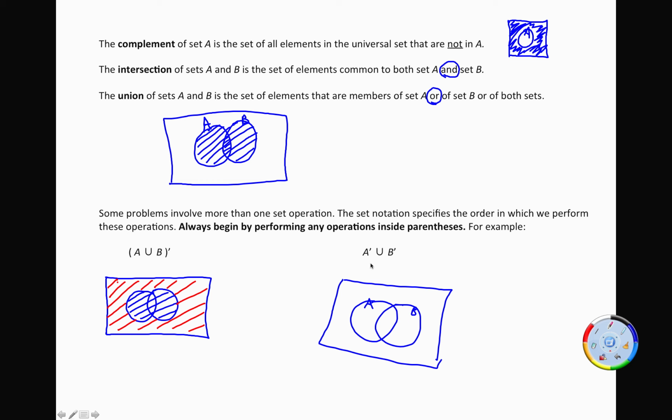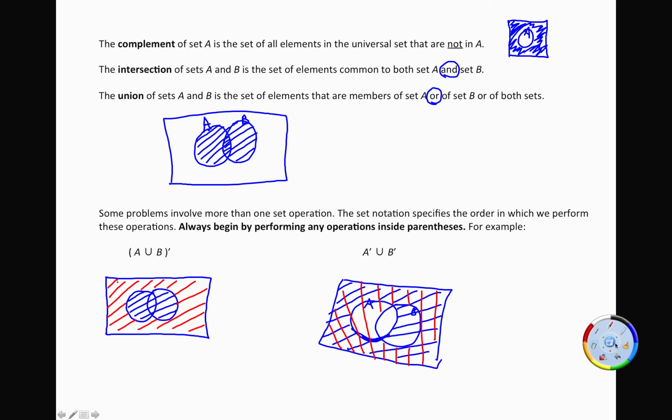So I'm going to do not A. So not A is all of this stuff that's not in the circle representing A. Okay, not A. Here's not A. All right, then I'm going to do not B in red. So not B is all of the elements that are not in B, in this case, in my circle B.